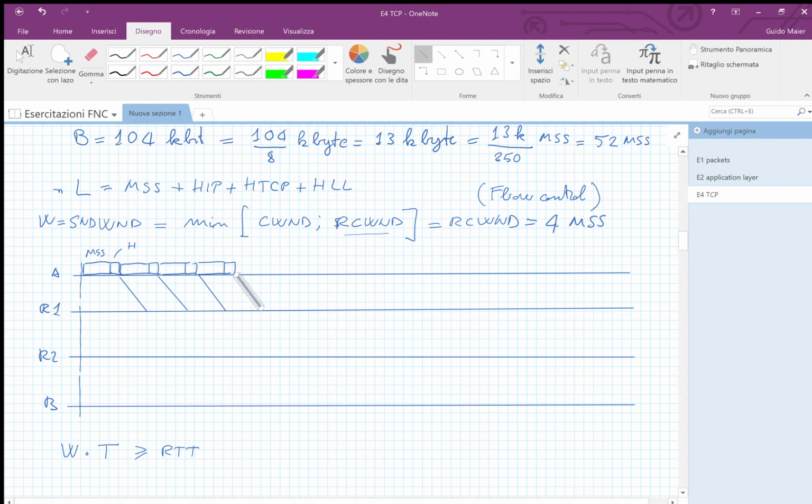After a propagation time, they arrive to router number 1. Okay, we know that the capacity of the output interface of router number 1 is higher than the capacity of A, of the output interface of A. So it means that the transmission times out of R1 will be smaller than the transmission times that we had before. Say that we have this situation.